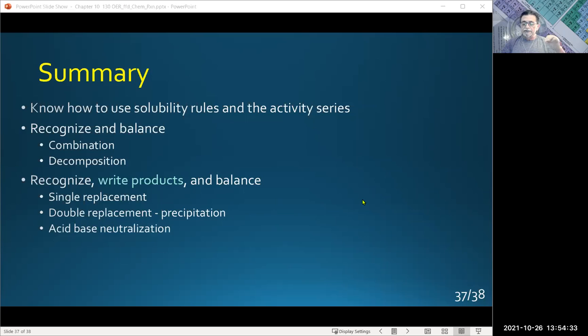And then the acid-base neutralization reaction, remember that is a reaction between a proton and a hydroxide. And to balance those, follow the hydroxide, follow the protons. Combustion reaction: we're only dealing with hydrocarbons and oxygen, and the only products you get are carbon dioxide and water.